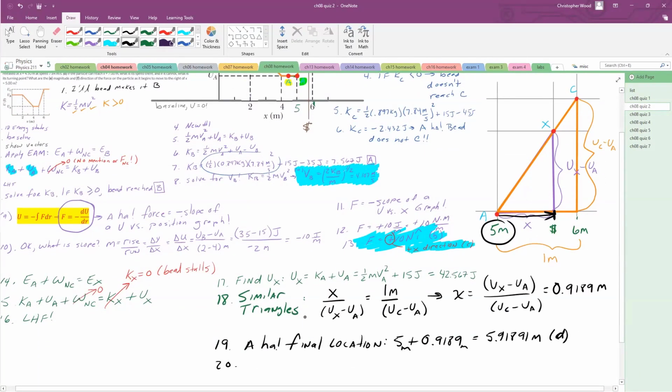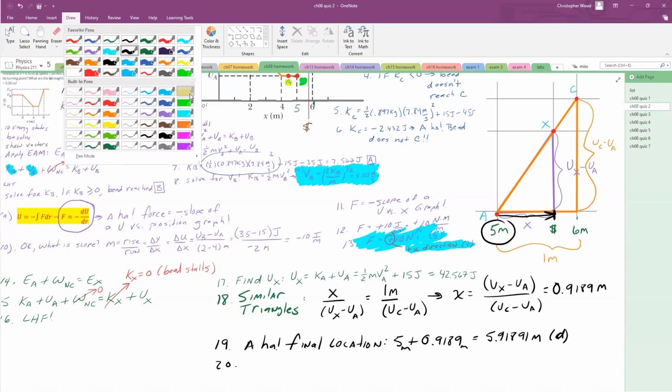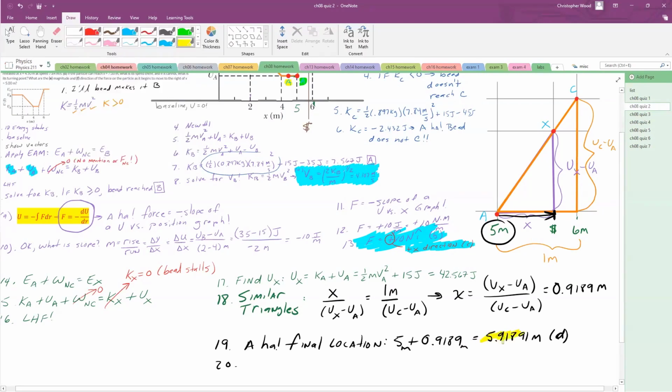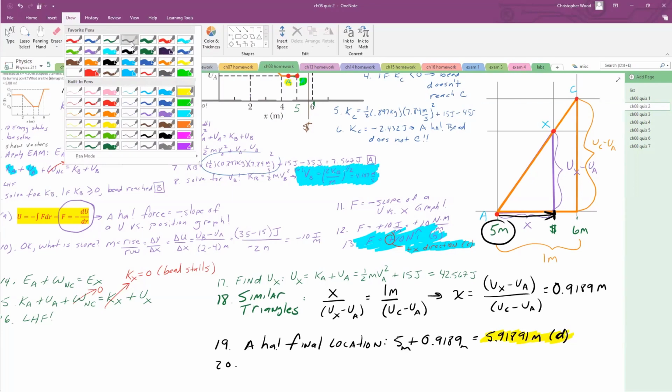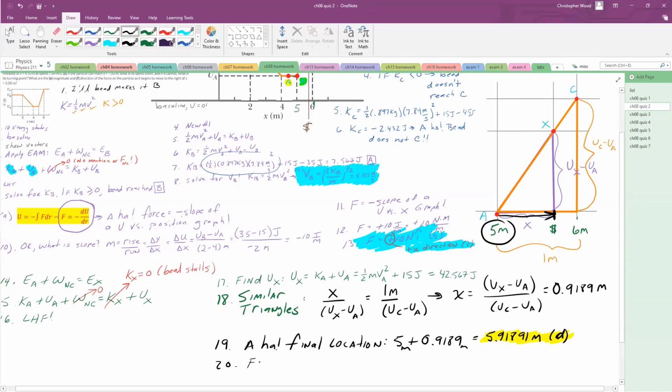And I'm just going to quickly fast track the conversation I had previously to say, well, what's the force? Since the force is the negative slope of this graph, I'm going to say force equals negative slope, negative change in U over change in X, equals negative U final, which is UC, minus U initial, which is UA, all over the corresponding position.